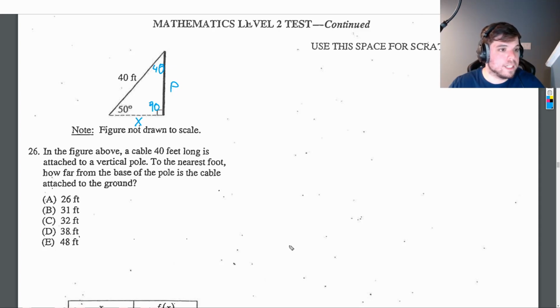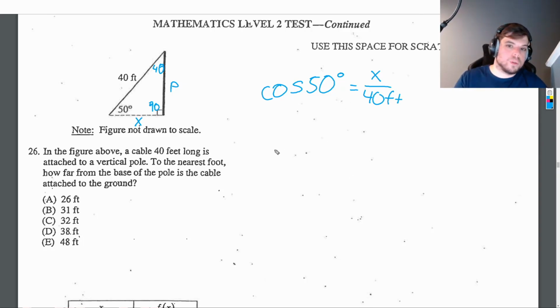Okay, we could just use our trigonometric identities. I think we know that the cos of 50 degrees has to equal adjacent over hypotenuse. In this case, the adjacent is what we're looking for, and the hypotenuse is 40. So then 40 cos 50 is our answer.